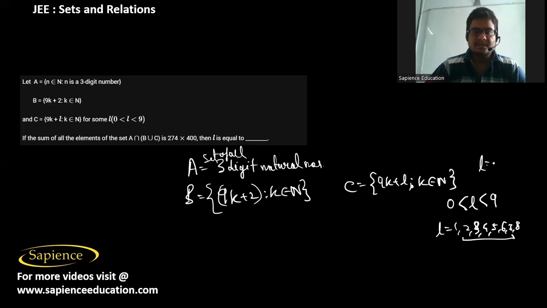Now we have to find that L. Here it is told that the sum of all the elements in the set A intersection B union C is given.